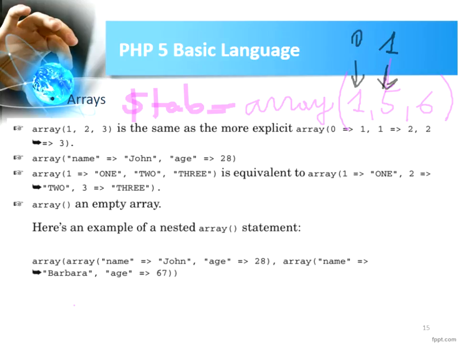And what is the index of 5? The index of 5? 1, very good. So here the index is 1, here the index is 0, here the index is 2. This is the index.